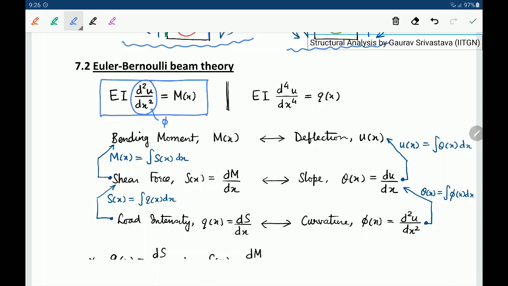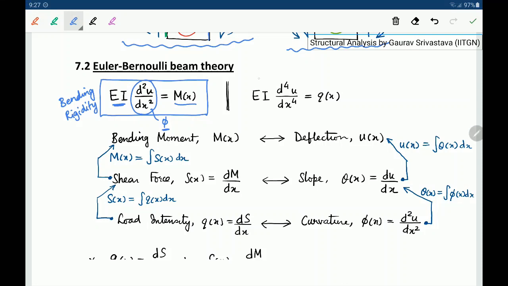Basically, Euler-Bernoulli beam theory gives a linear relation between the moment and the curvature, and this is connected through EI, which is the bending rigidity. If EI is infinity, that would mean that member cannot bend, and if it is 0, it means it can bend without any additional moment.